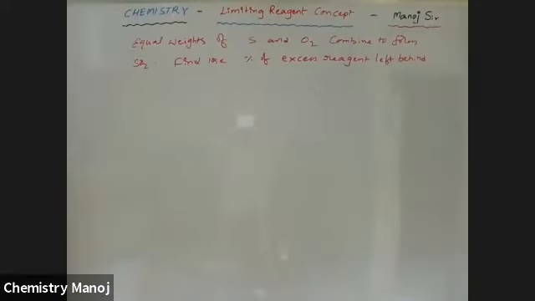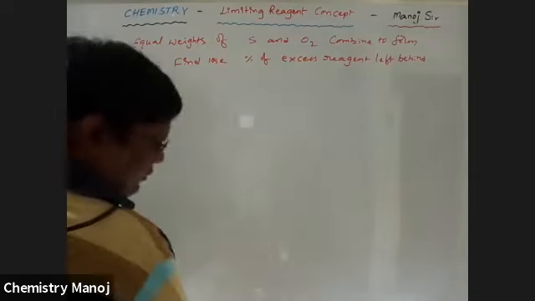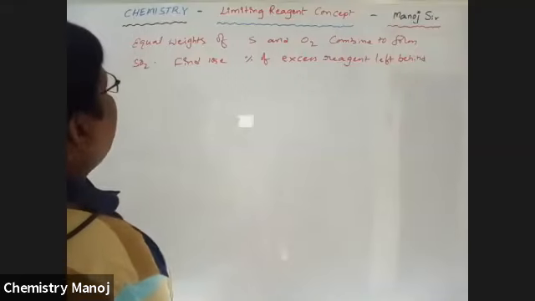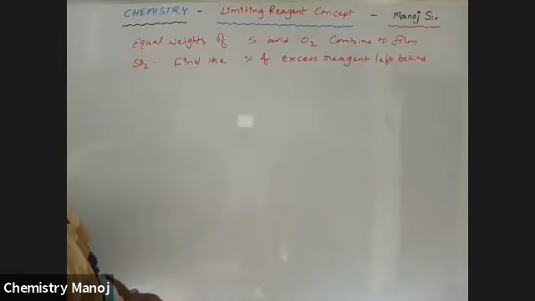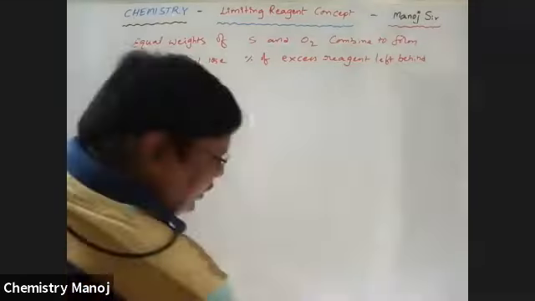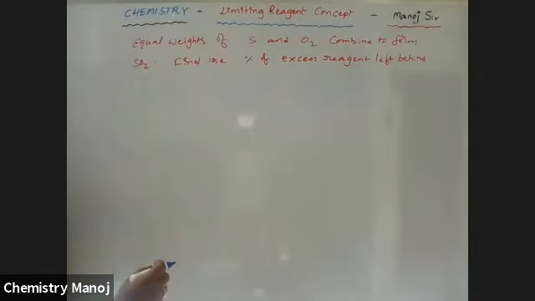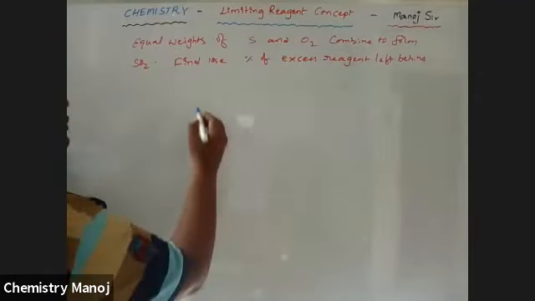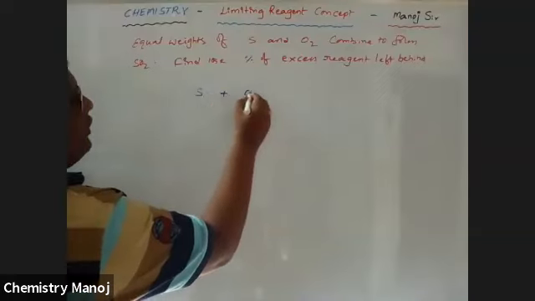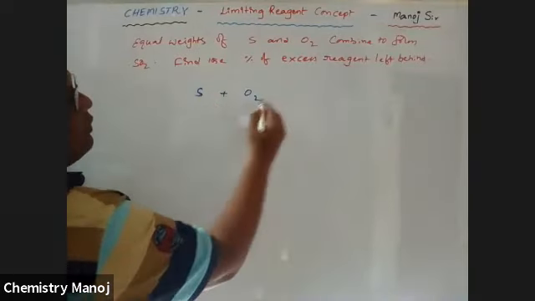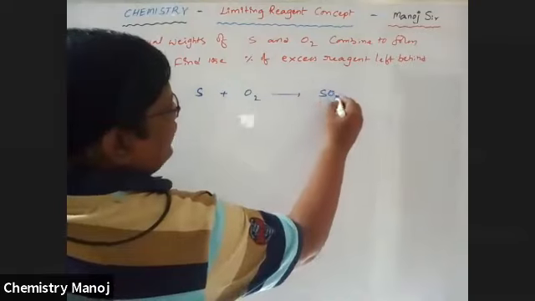So identify: equal weights of sulfur and oxygen combined to form SO2. Now take the reaction: sulfur reacts with oxygen, gives SO2. It is the balanced equation.